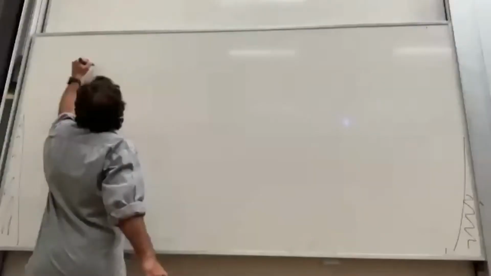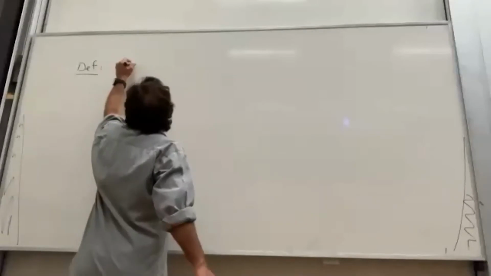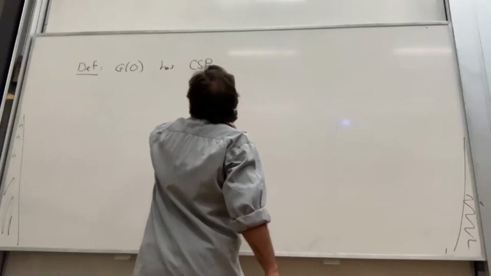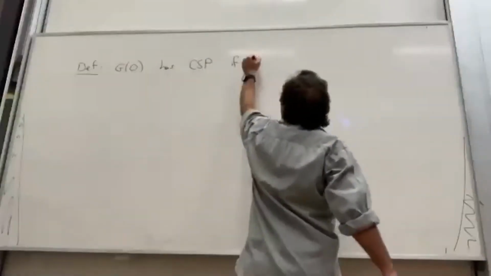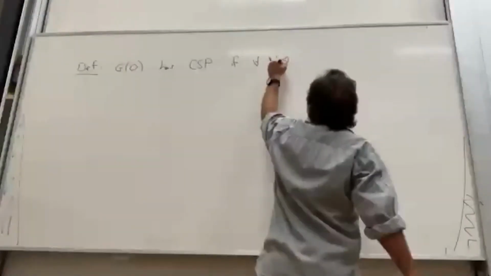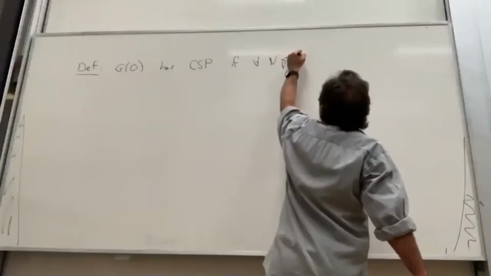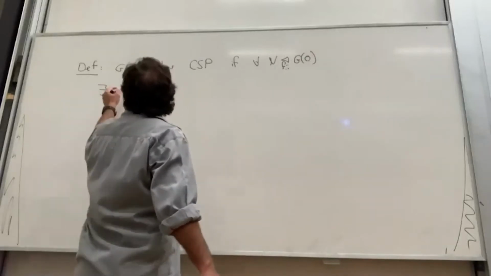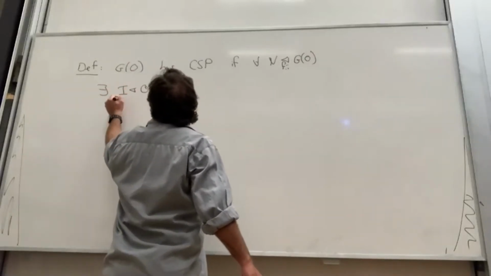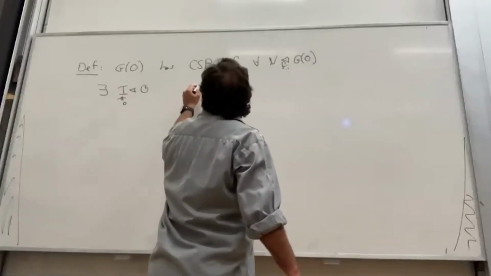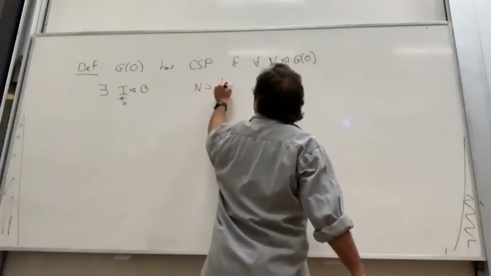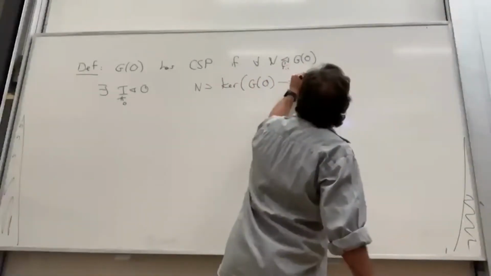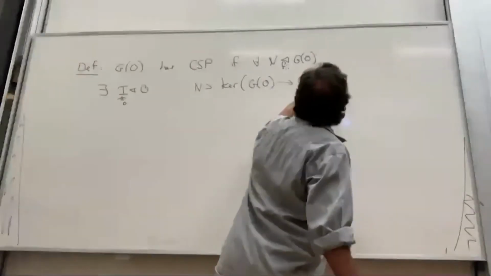G of O has the congruence subgroup property if for every finite index normal subgroup N of G of O, there exists a non-zero ideal I in O such that N contains the kernel of the map from G of O to G of O/I.